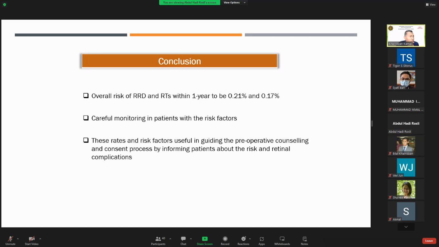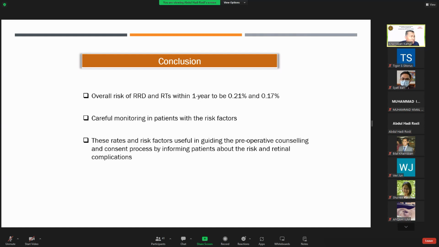So the take home message for everybody to understand is this. If we counsel a patient regarding a possible outcome, for example post-op endophthalmitis, we say it rarely happens, but the current evidence shows that the risk is about 2 in 1,000.